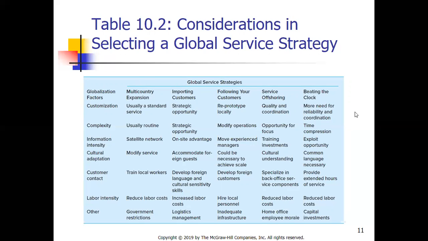You outsource the service from your home country to the foreign location. For example, your office, your foreign location, is in Indonesia, but the services that you offshore are coming from Malaysia.